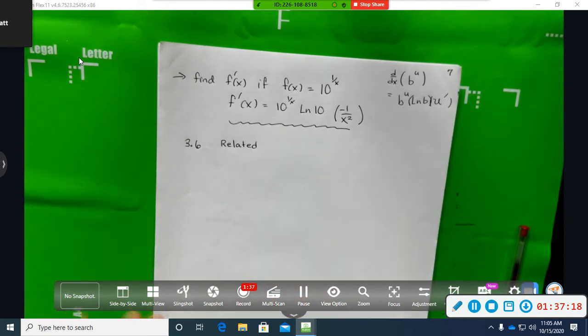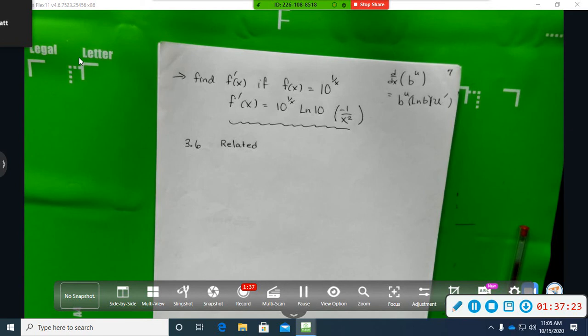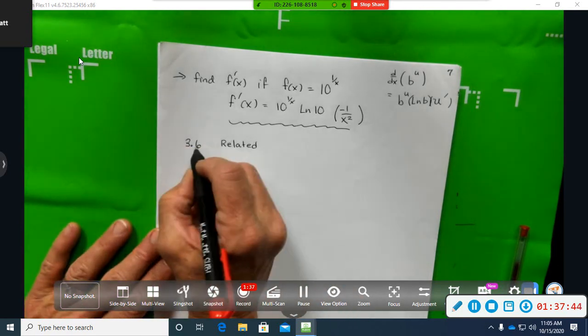That was 3.6? What we just did was 3.6. And what was in 3.5? 3.5 was the chain rule? So I labeled it wrong. Good, then I'm further along than I thought. Now we're in 3.7, related rates.